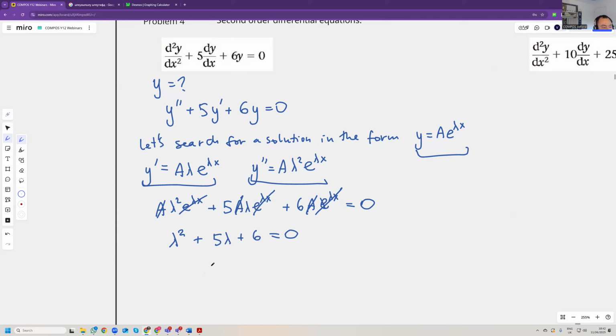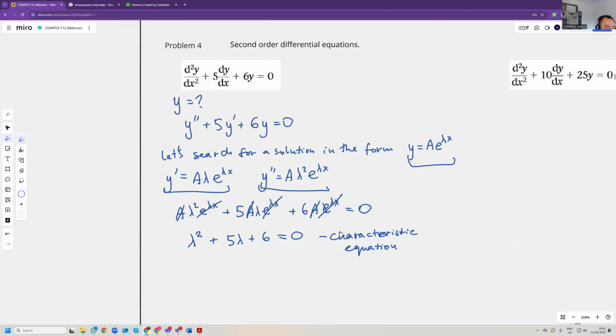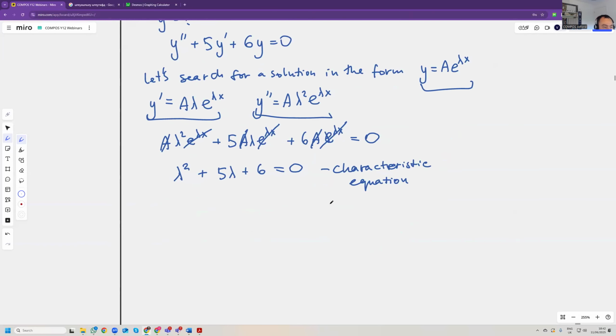Right. So this is called a characteristic equation, also known as an auxiliary equation.